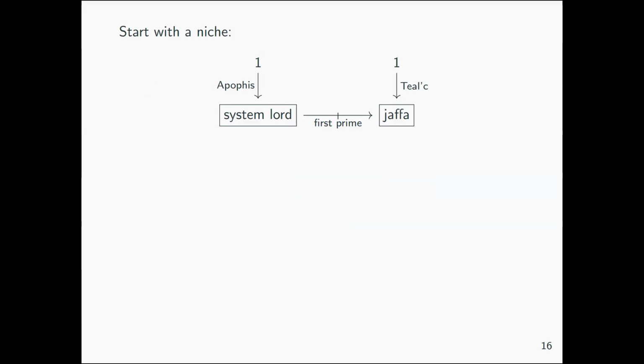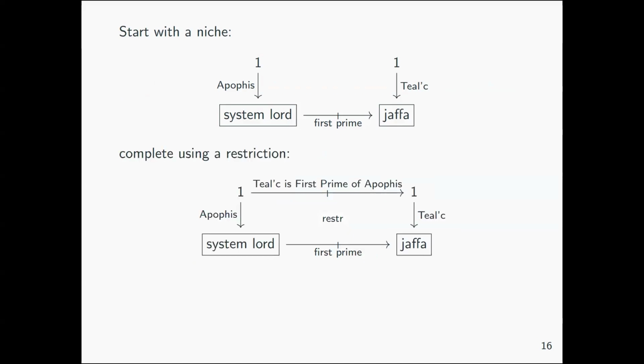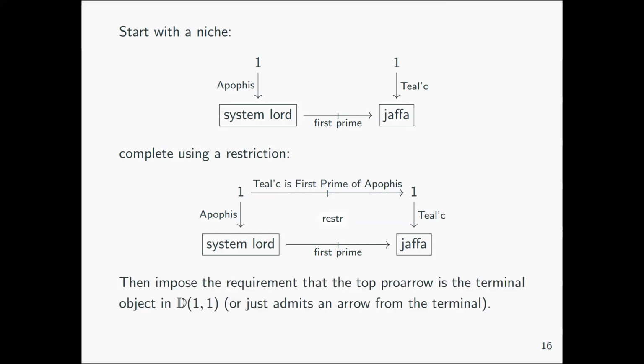So now we can look at a genuinely double categorical statement here, something like Tilk is the first prime of Apophis. We can form the proposition here with a restriction cell. Is it true? Well, not necessarily, but we can, in the O-log, stipulate it as truth by just requiring that pro arrow to be equal to the terminal in the Hahn category.